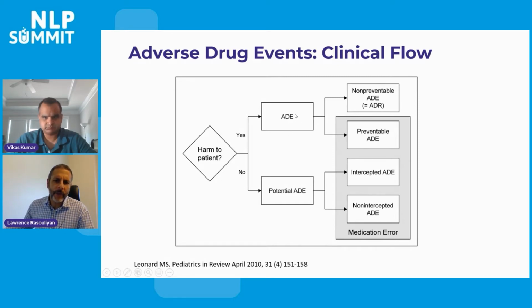Those adverse drug events can be further subdivided, whether it falls within this gray box, which represents medication error. If it falls within the gray box, it's what they call a preventable adverse drug event. And if not, if it's something more biologic, that's not a result of human error or medication error, that's an adverse drug reaction, and that's the definition there. So I think that really makes it clear to me as well.